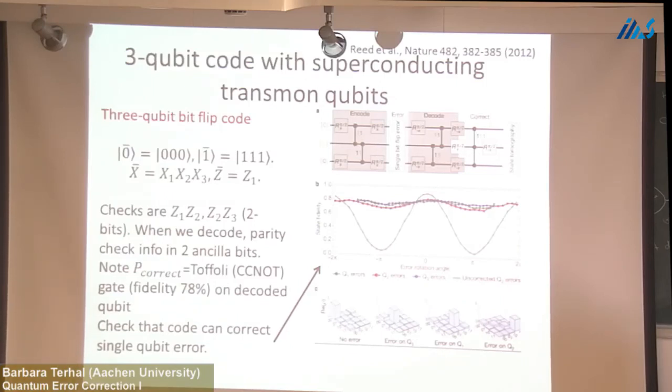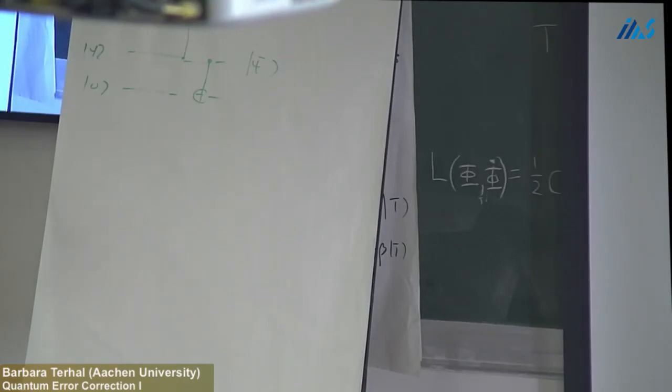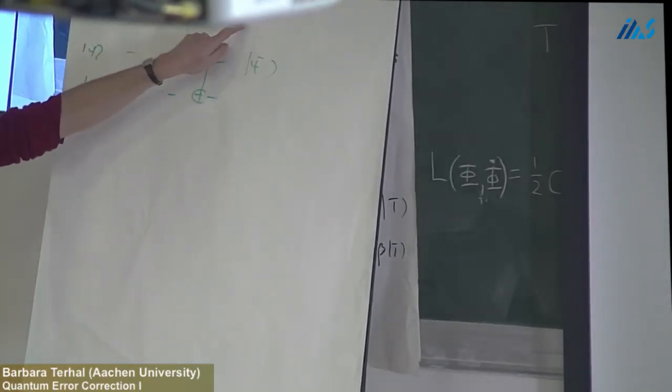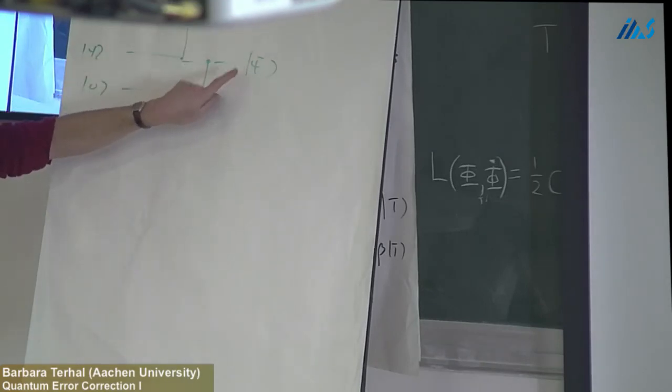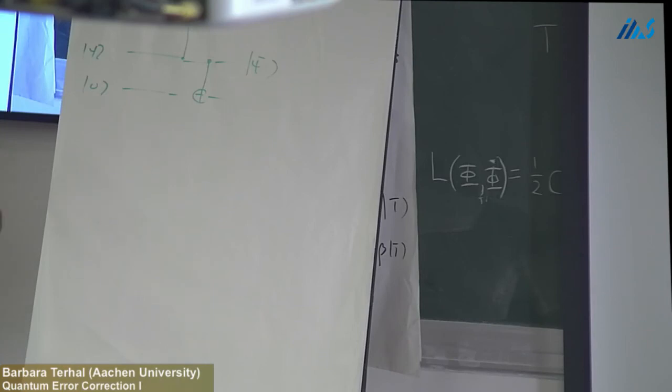The information about the parity checks resides in these ancillas. So if no error happens and I do the circuit, the ancillas are back to 0. And you can check that if an error happened here, or there, or there, the ancillas will be set to 3 different states.